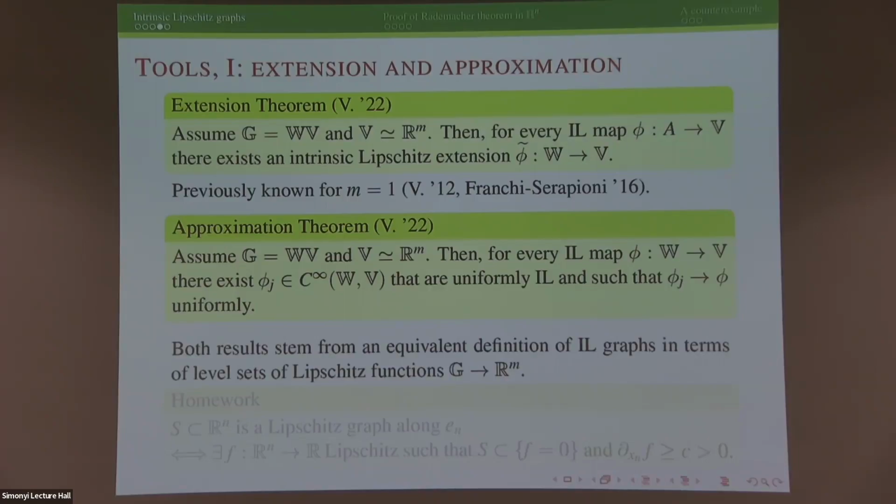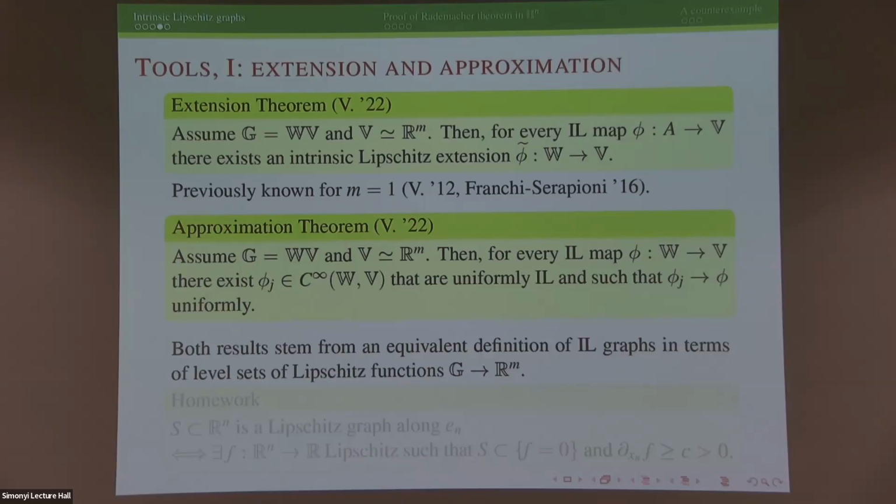Both results are based on an equivalent definition that I found, of intrinsic Lipschitz continuity, which doesn't use these cones, but rather allows you to write these intrinsic Lipschitz graphs as level sets of Lipschitz functions.